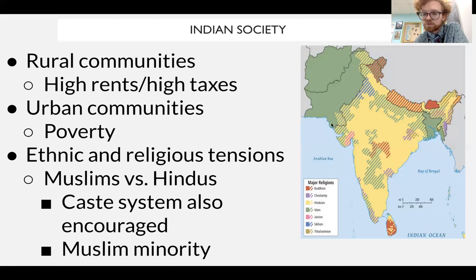Mostly during the British rule, Muslims lived in Pakistan. They also lived in this region known as Bangladesh right here. And we're going to actually come back to Bengal in just a second, but this is where it is roughly on the map. So this is just a breakdown of the different religions in India. Of course, the two main ones being Muslims and the yellow part, Hindus.